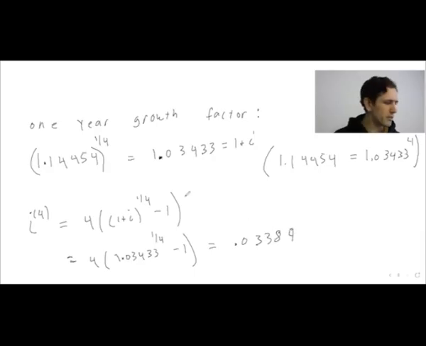And if you do have the physical book, they rounded up to 0.0339, I believe. Let's quickly check. I think it is page 162. Yeah, 0.0339. So they just round the 8 up to 9.